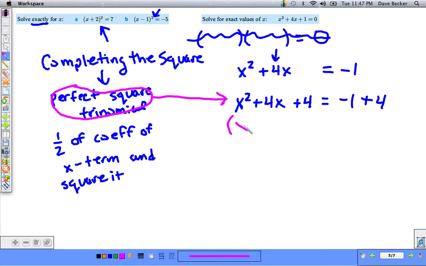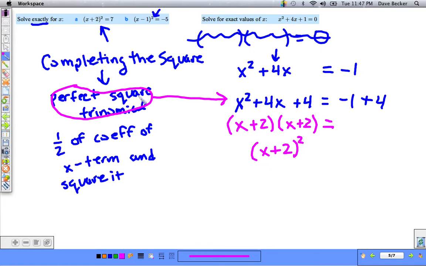Why is it a perfect square trinomial? Because I can factor this into x plus 2 times x plus 2, which can be written as x plus 2 squared.